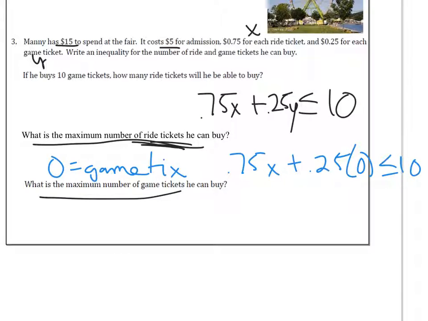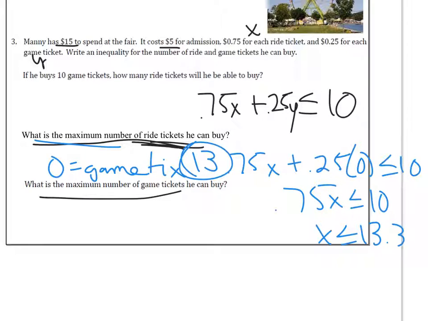A little bit of work here. So x is going to be less than or equal to 13.3. So the maximum number of ride tickets is going to be 13. I put 13, not 13.3, because you can't buy 1/3 of a ticket. That's not how it works.